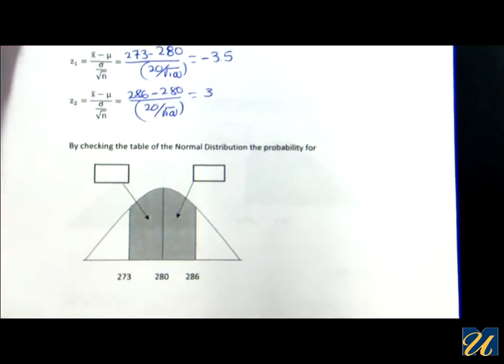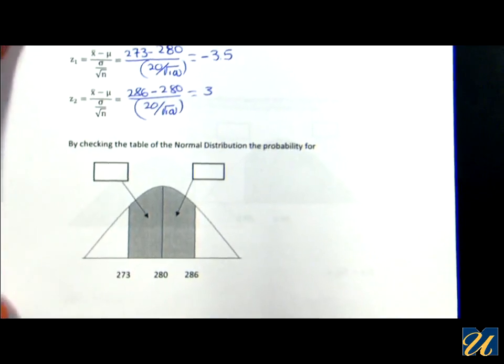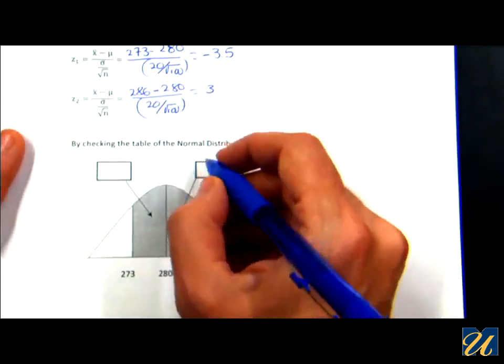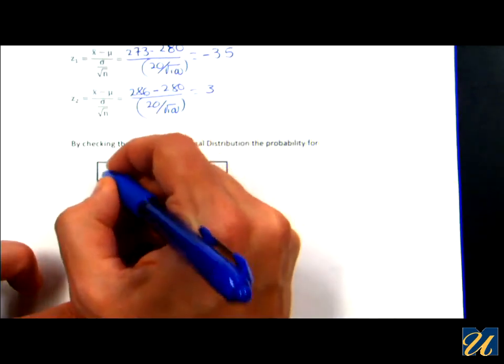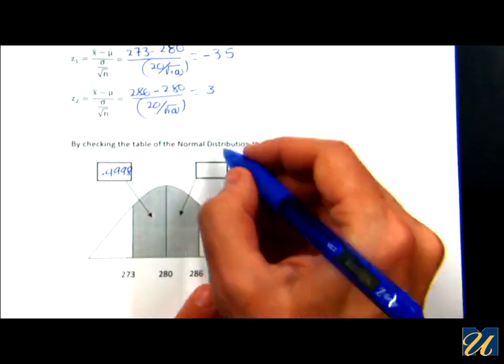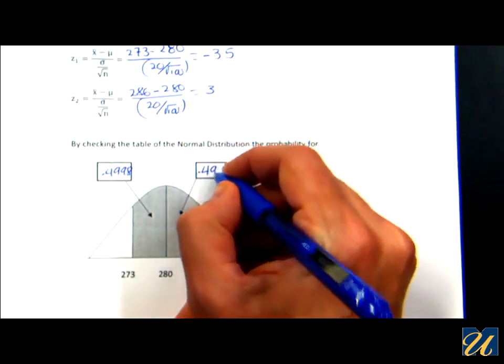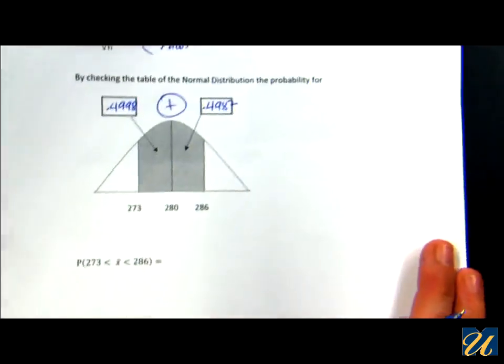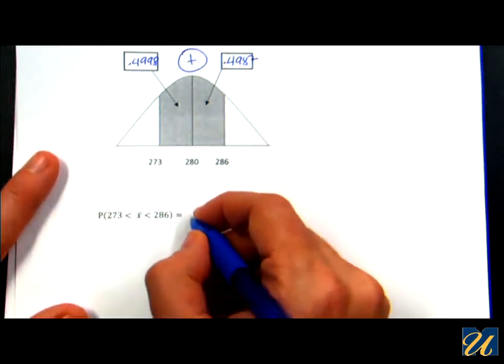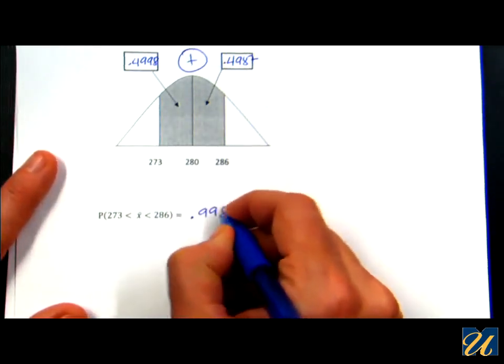By checking the table on the normal distribution, for 3.5 we have 0.4998. For a 3 it is 0.4987. We add the two probabilities, so the answer will be equal to 0.9985.